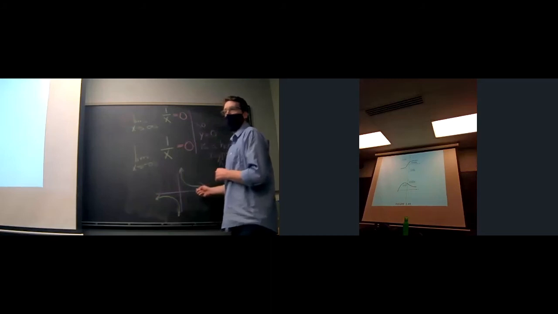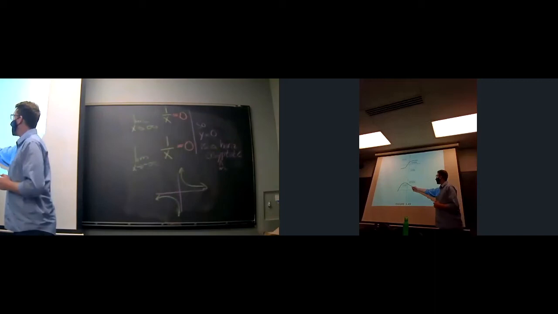Now, as different examples of types of horizontal asymptotes we might have, we've seen this first case where we have the same asymptote. But we could have a case where there's only an asymptote as we approach infinity.